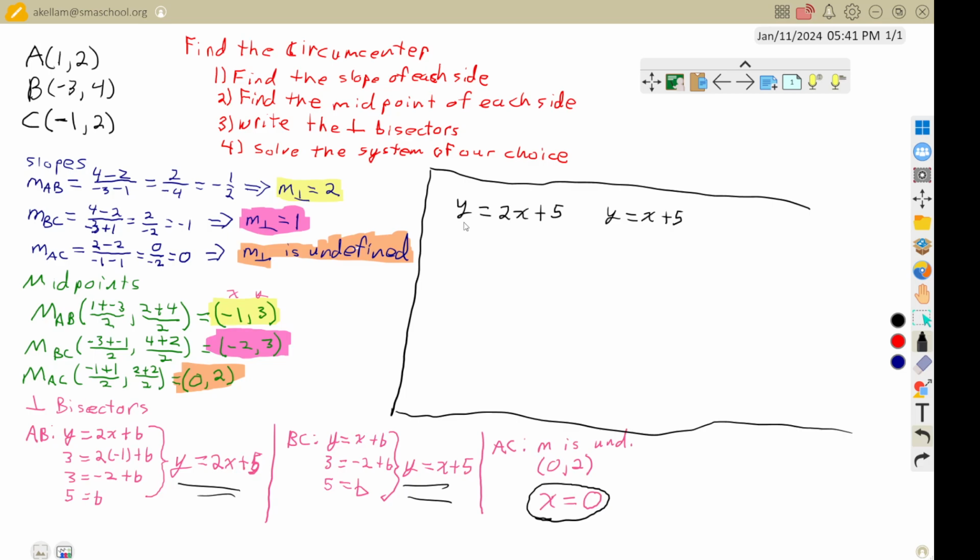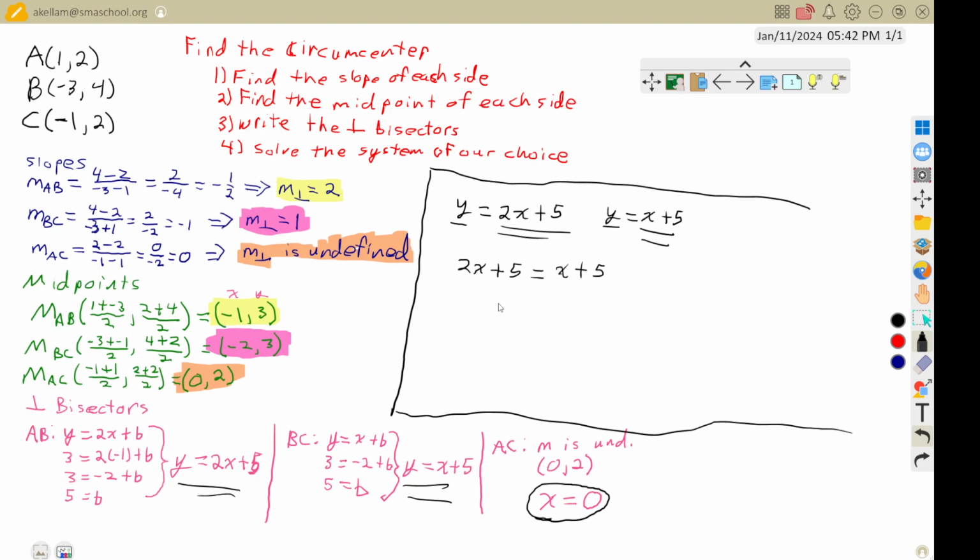You could graph them if you want. You could use other methods in algebra if you want. But for right now, we're just going to use substitution. So I have y and y, and I know that they equal those. So I'm going to set those two things equal to each other. So 2x plus 5 equals x plus 5.